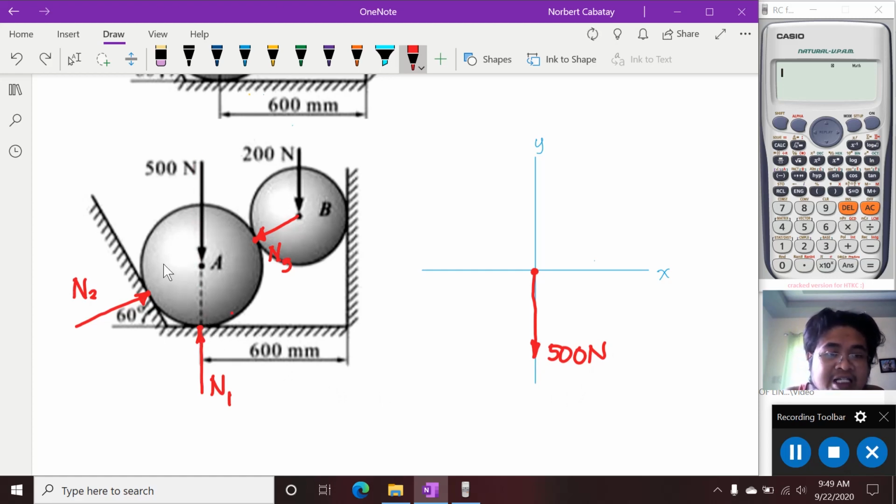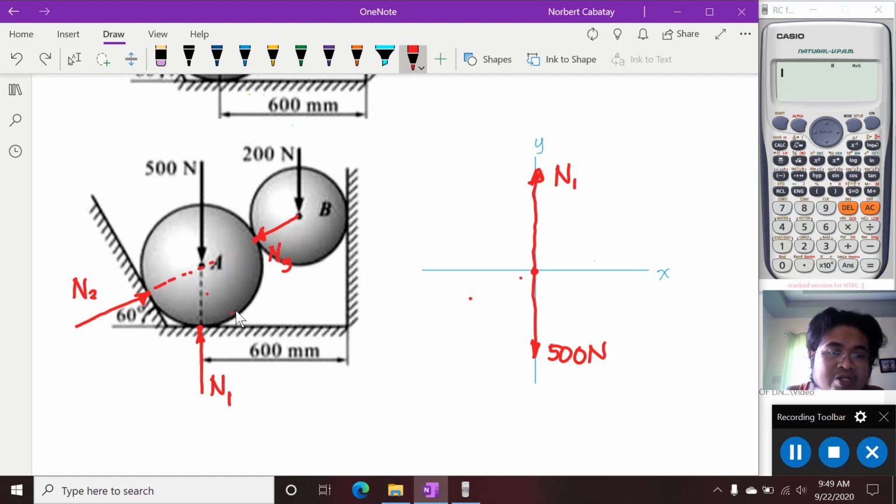Nilipat lang natin sa FBD. So, itong N1, tataas doon as translated by the principle of transmissibility. That is N1. Tapos ito, mapupunta doon sa kabila, dito.